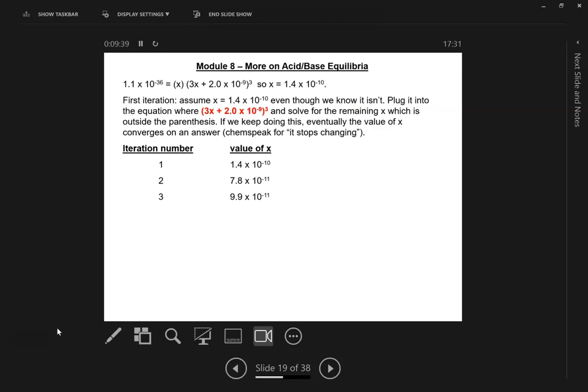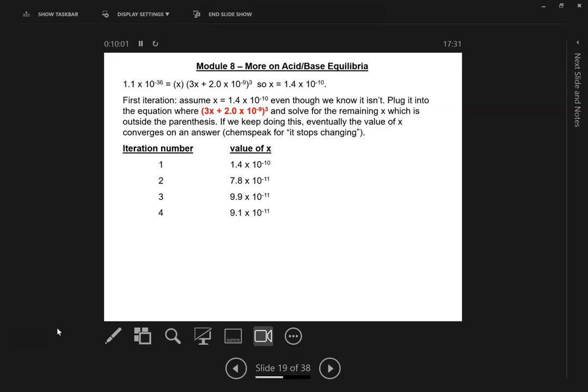I get 9.9 times 10 to the minus 11th. So I think if you look at the top number, you see that's really 14 times 10 to the minus 11th. So we started at 14, went down to 7.8, do it a third time, it comes up to 9.9.